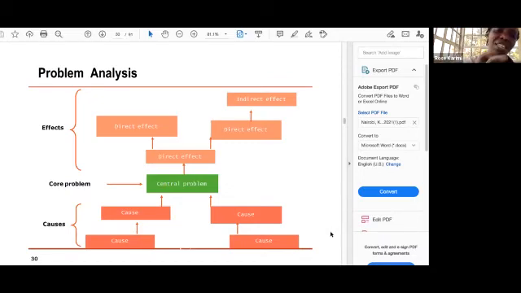So once you analyze your problem, you need to put it that way in terms of a tree, where you have the causes, the central problem, and then the effects. And the effects can either be direct or indirect. Next slide.